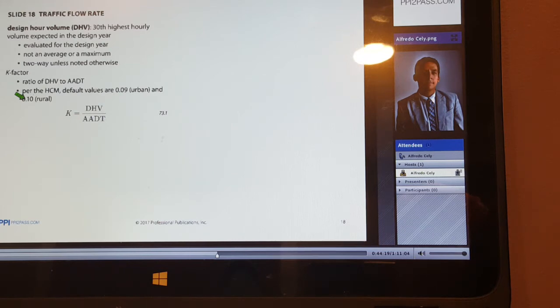The Highway Capacity Manual recommends typical values based on the area in which the roadway is located, such as urban will be different than rural values. It is usually best to measure the K factor directly from traffic observations. Nothing beats having a direct study of the actual facility you're going to design or improve.